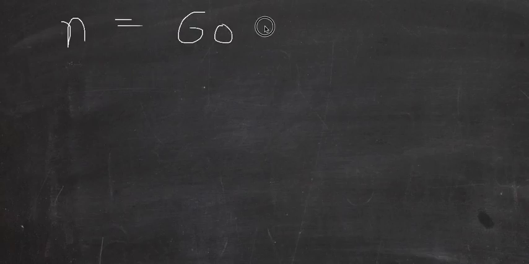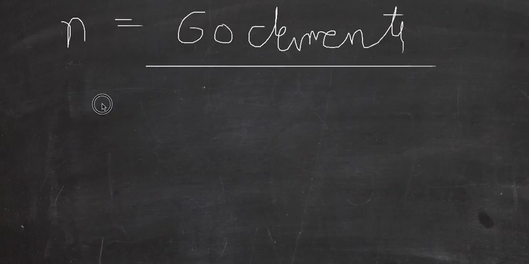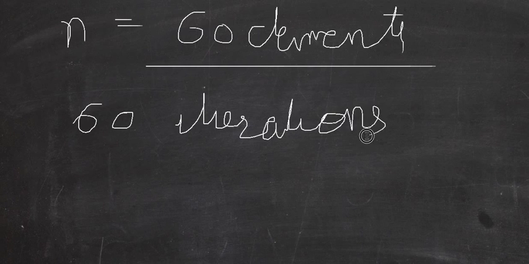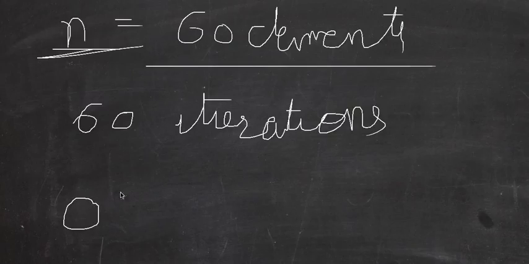For such an operation, how many iterations will we need? 60 iterations, right? Because it's quite possible that the element we're looking for is at the end. So if there are n elements, we perform n iterations, so the complexity of the whole operation becomes order of n.